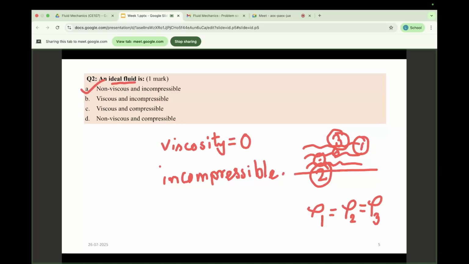But a real fluid has some viscosity and it is also compressible. In an ideal fluid, if you are applying some force F on this fluid, even after applying this force the density of the fluid will not change. That's why it is known as an ideal fluid.